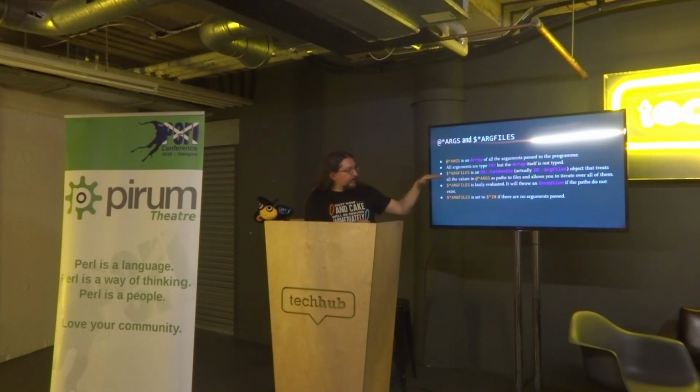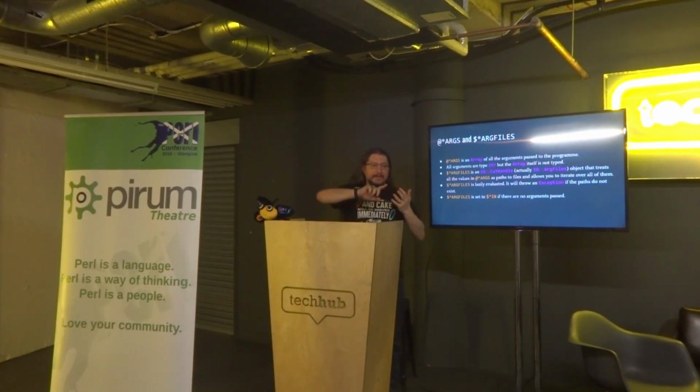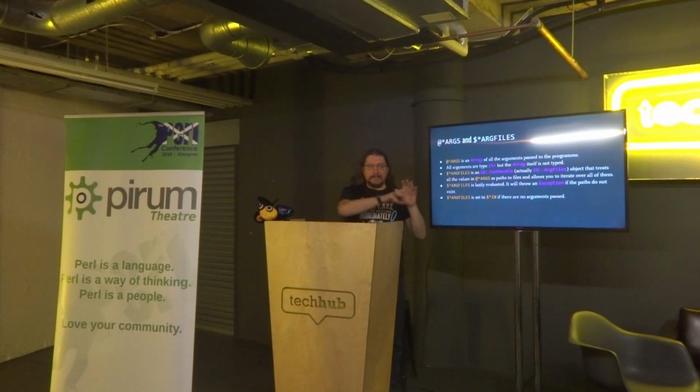You also have $*ARGFILES. Now this one's quite interesting. You've got a thing called an IO::CatHandle, and what that does is you give it a list of paths, which can be either strings or open file handles, there can be a few different objects. And what it will do is, when you call things like lines on it, or read, or any of the various path functions on it, it will open the first file, do that to the first file, and then when that file's done, it will move on to the second one.